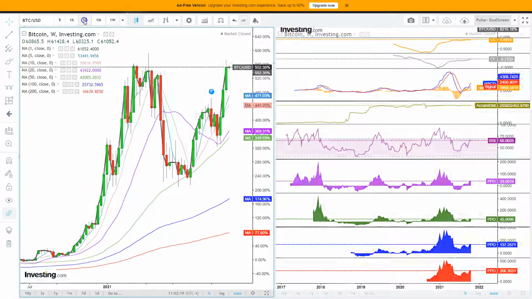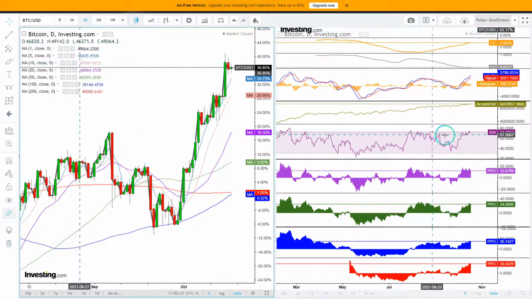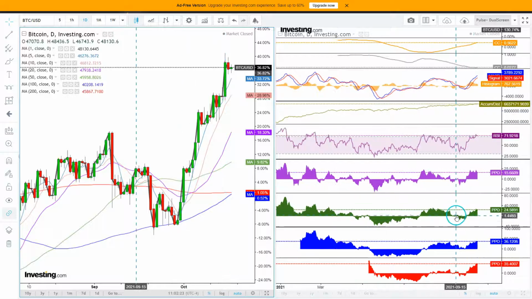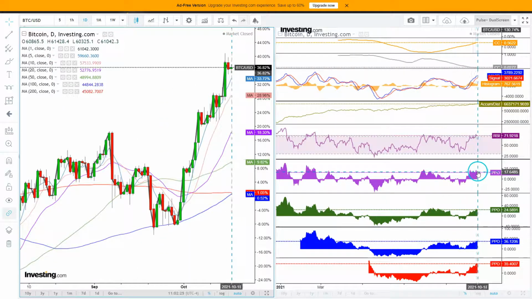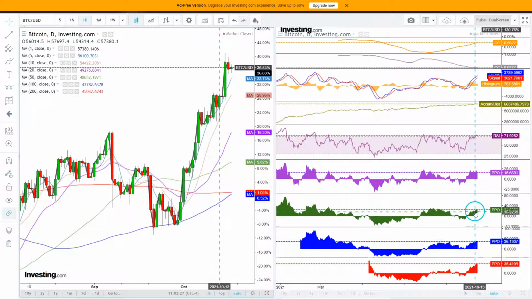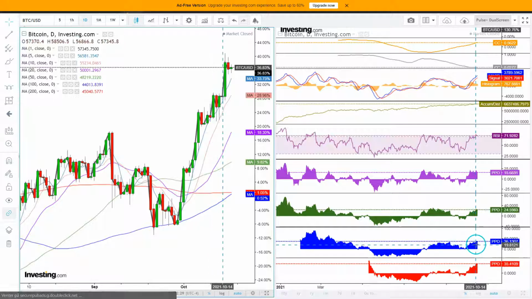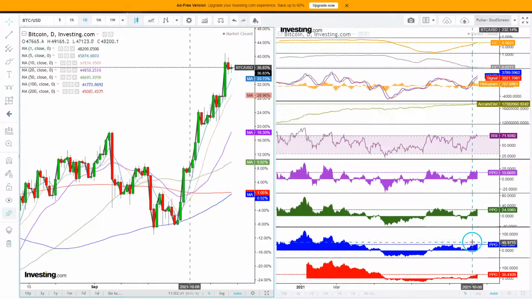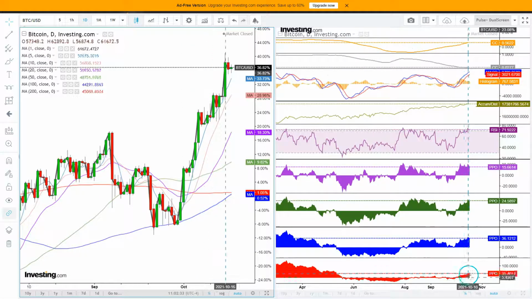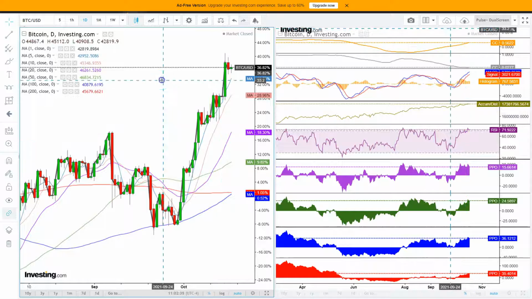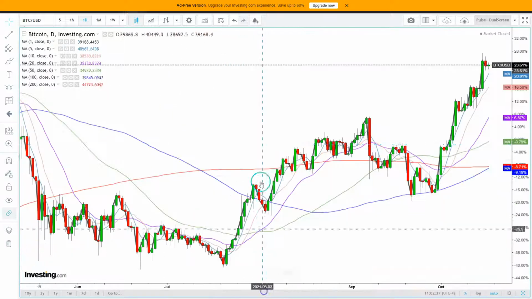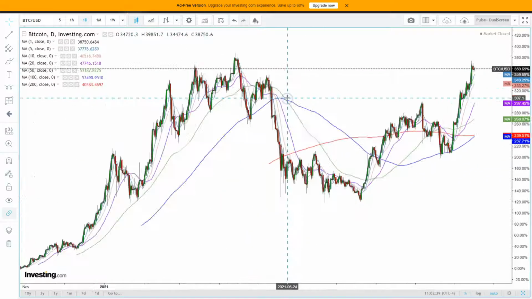If you look here at the daily data points, we are at these risky levels on the RSI, and also the distance between price and the purple 20, green 50, blue 100 moving average, and to an extent the red 200-day moving average. These are levels that have triggered pullbacks in the past.